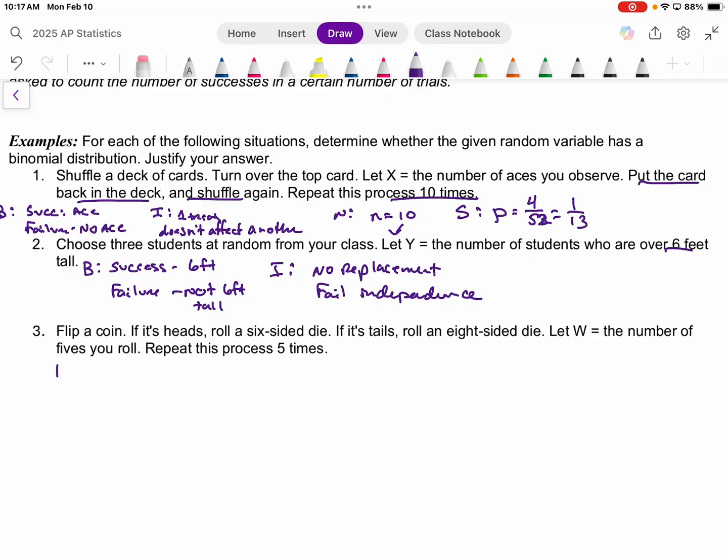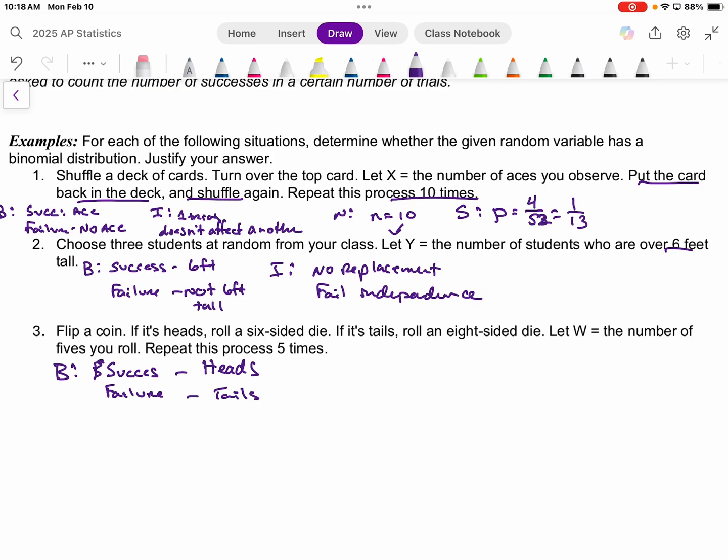So for binary, success would be a heads. Failure would be a tails. Now we have a compound probability going here. We have 2 events going on there.